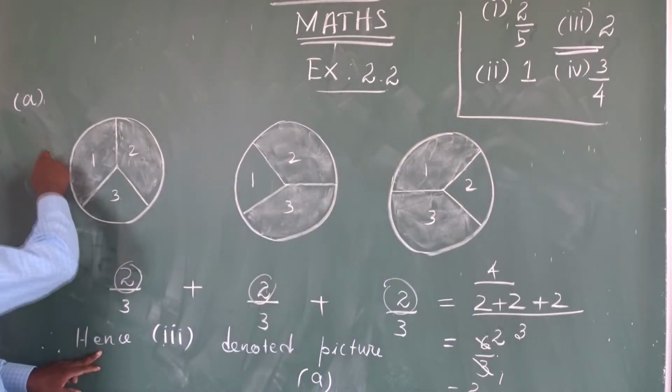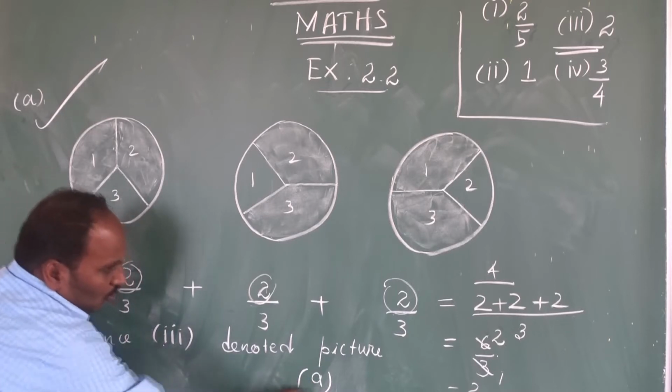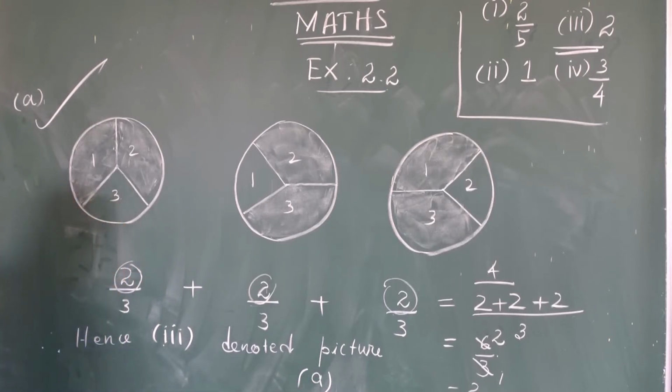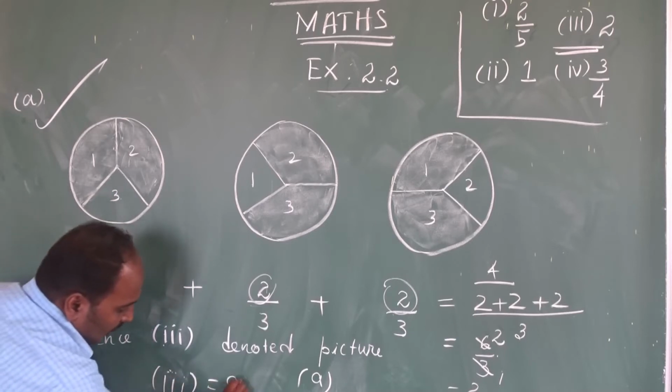It's denoted the picture A. So the third one is equal to A.